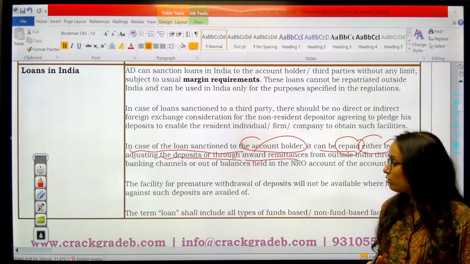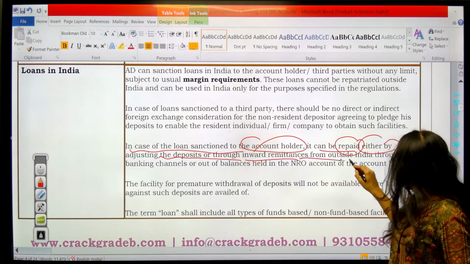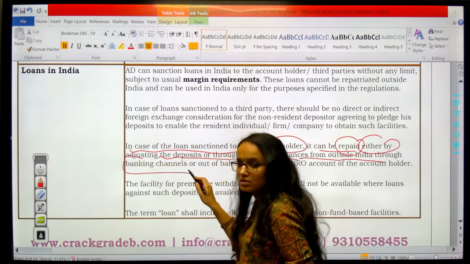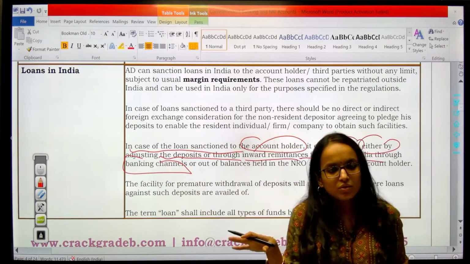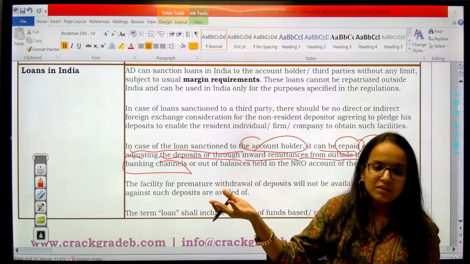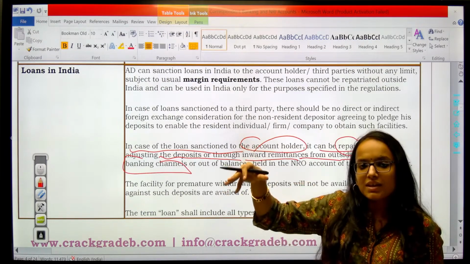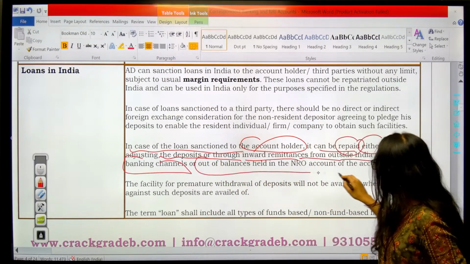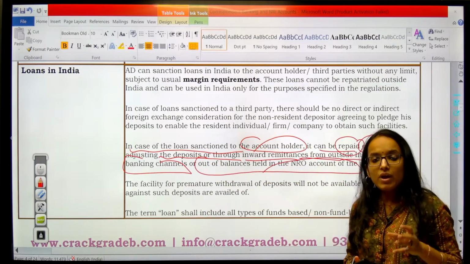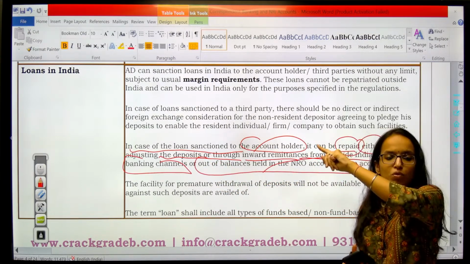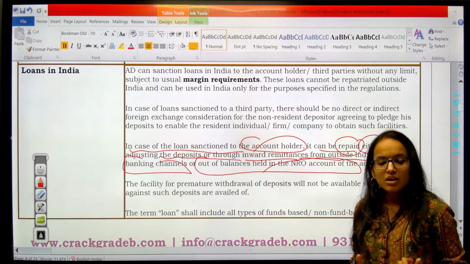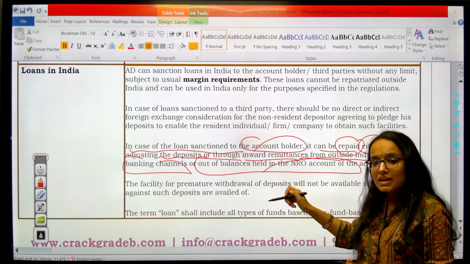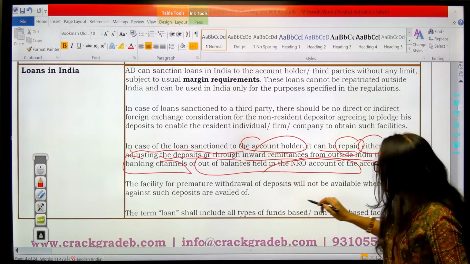Clear? Remittances received from outside India, or through other banking channels, if you have taken a loan from another bank as well, can also be used to repay the loan, or out of balances held in the NRO account. If you have an NRO account as well, we will do what an NRO account is after this NRE. Those balances can also be used to repay this loan.